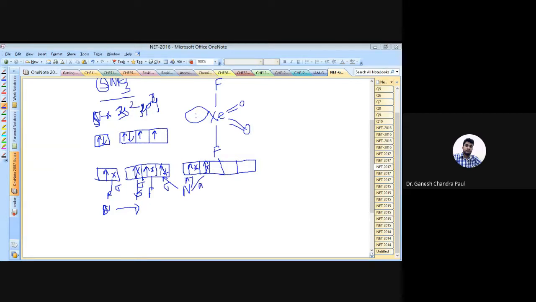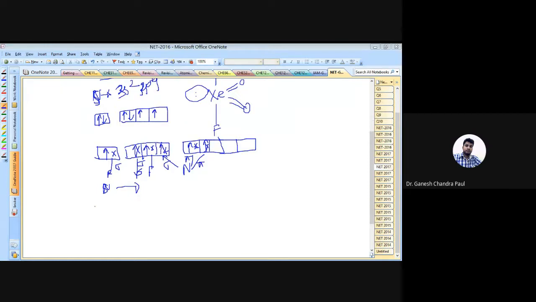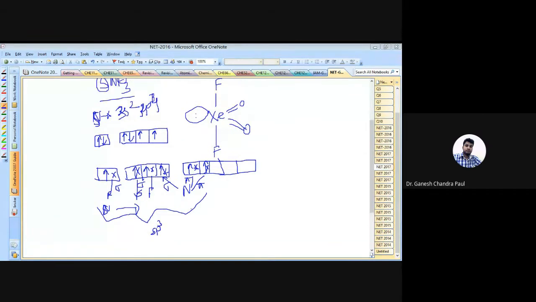According to valence bond theory, during the consideration of hybridization calculation, this part will be excluded, so overall hybridization is sp3. Accordingly, the corresponding geometry: sulfur has a triple bond present like this, and 3 fluorine is present like this, and the geometry is tetrahedral.